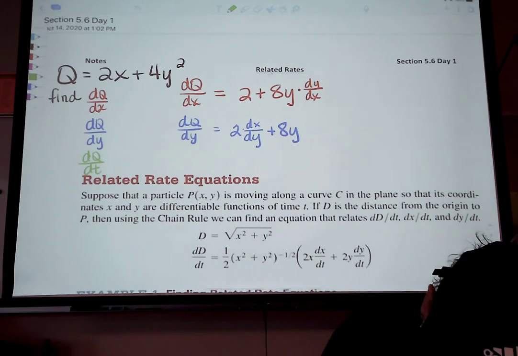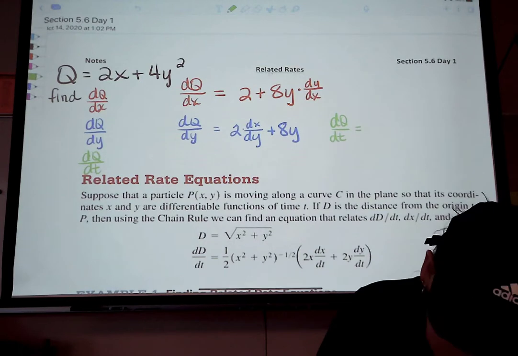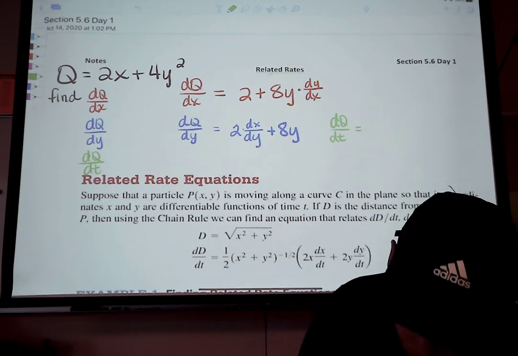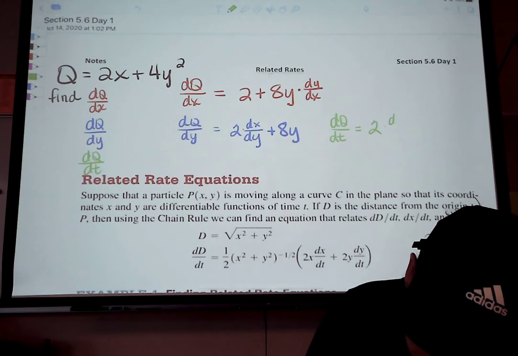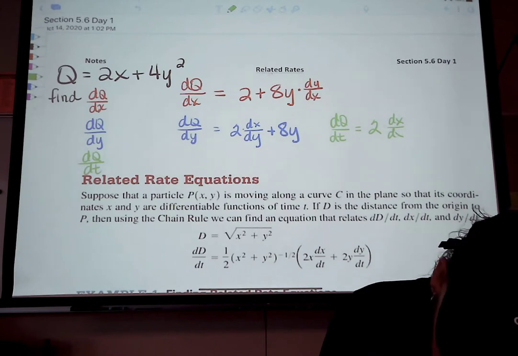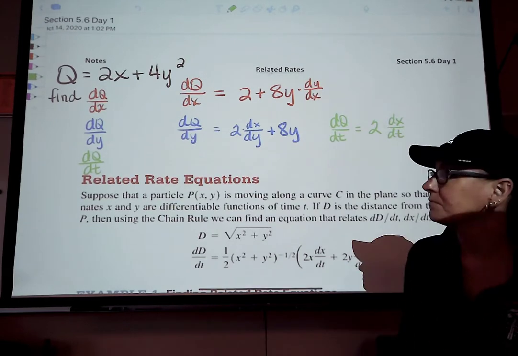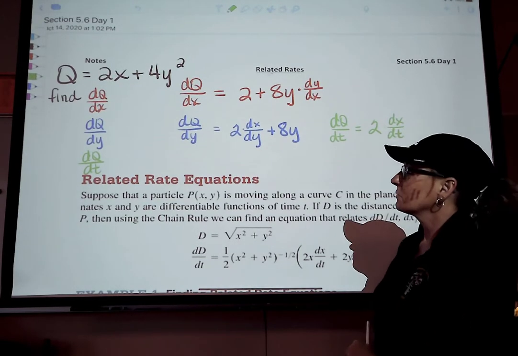So the derivative of q with respect to t is first term like normal at first times dx dt. Right?